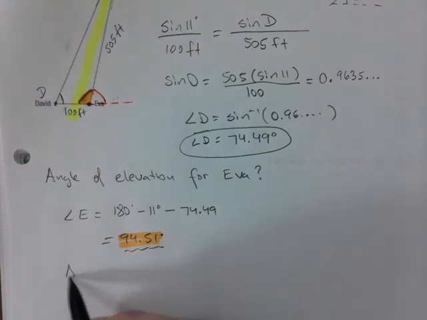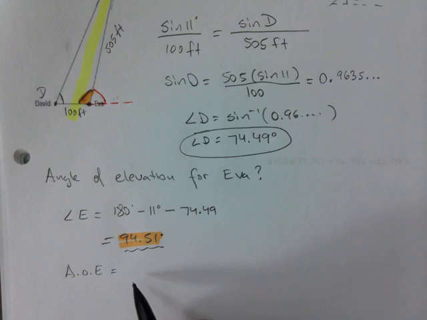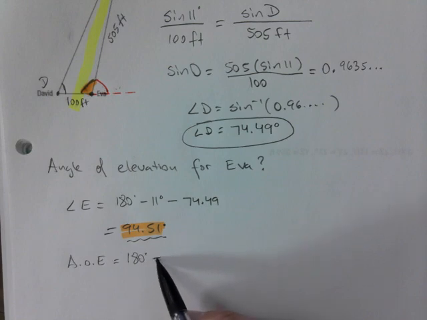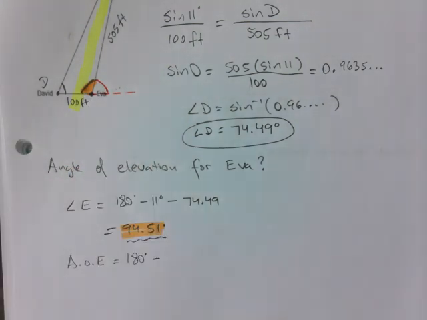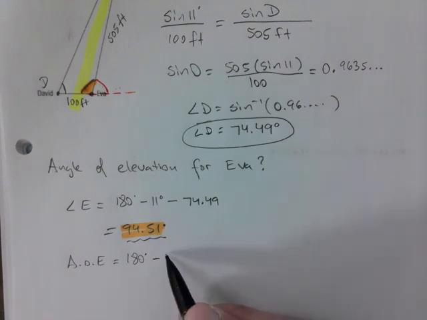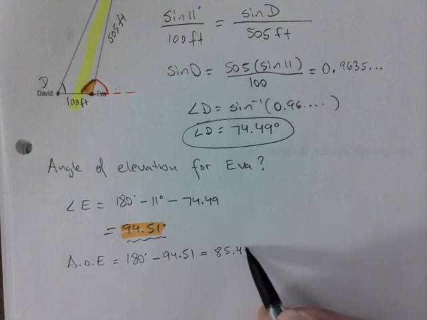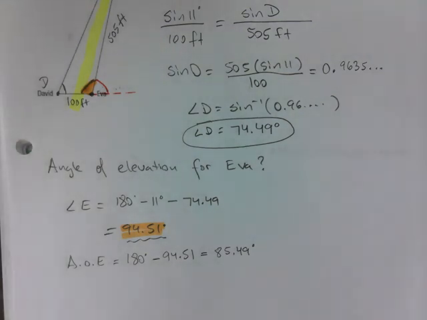So to find the angle of elevation for her, I'm going to go again 180, because side-by-side angles like that are 180. They're supplementary. And I'm going to go minus 94.51. And that's going to give me 85.49. Okay? And I'm going to use pink for that one.